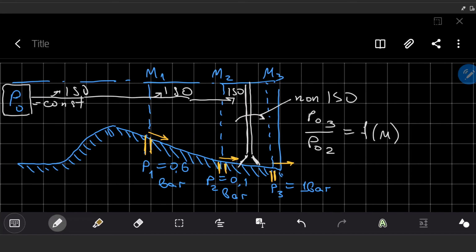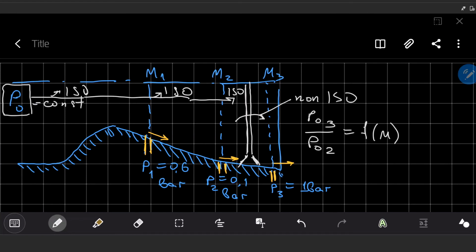Okay, so 3 volumes with isentropic flow, 1 transition in a non-isentropic flow. And we have what we can measure in the real case. We can measure only the pressure. We cannot measure directly the Mach number, right? It's very hard to measure the flow velocity and temperature, especially if the flow is hot inside the nozzle.